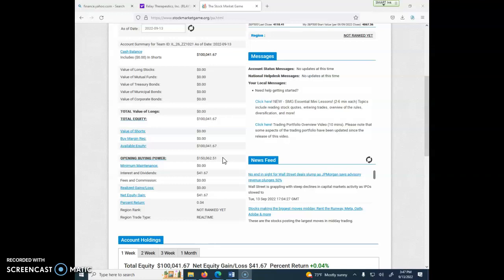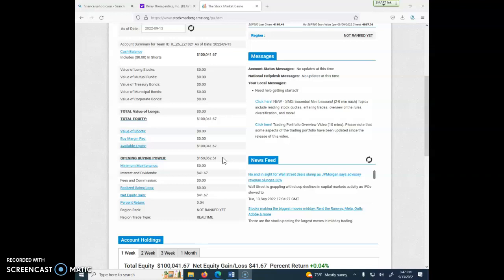my account. That's because the stock market game allows us to borrow money. We can borrow up to 50% of the value of our total equity. Now, I don't recommend that you do that because when you borrow money, that means that the stock market game will charge you interest, just like any other loan charges you interest. If you borrow money from a bank, they will charge you interest.